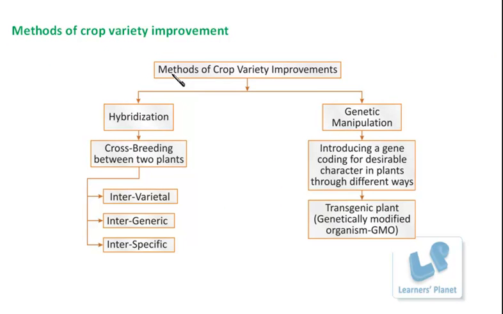So what are the different methods of crop variety improvement? Hybridization and genetic manipulation. Hybridization is related to crossbreeding between two plants. See how plants reproduce. It is done either by the self-pollination process or by cross-pollination, isn't it?